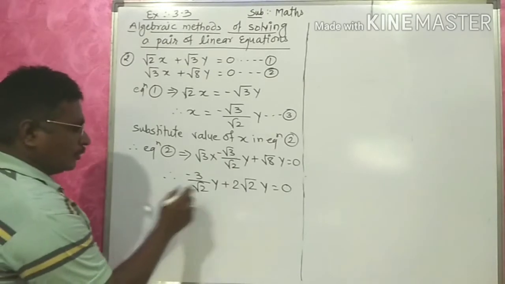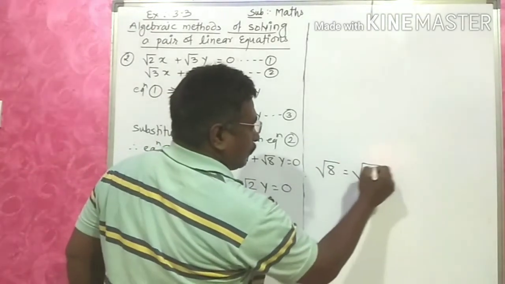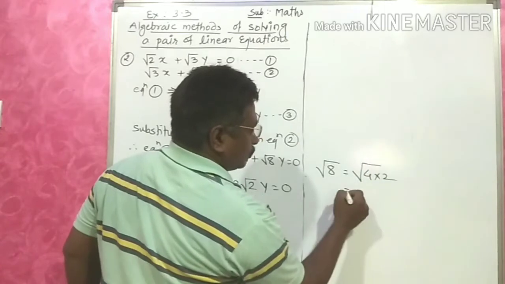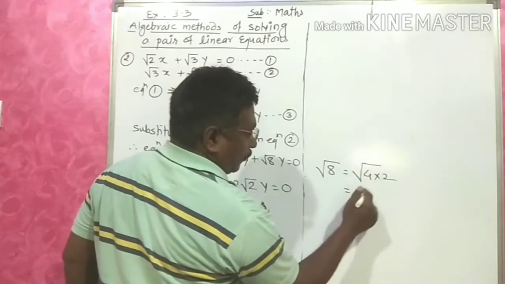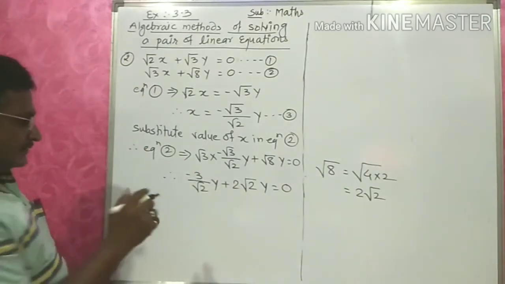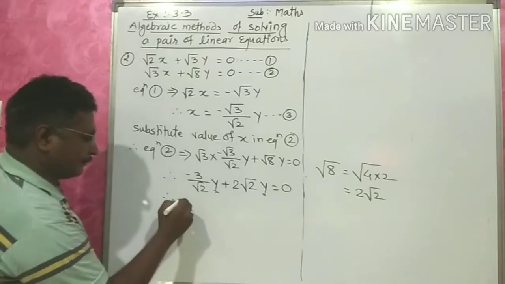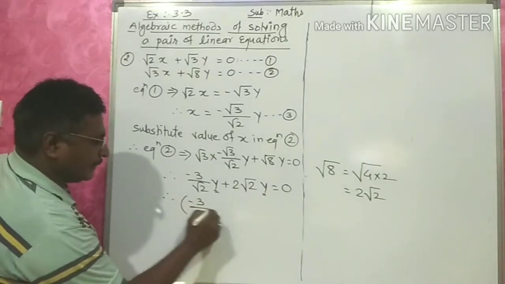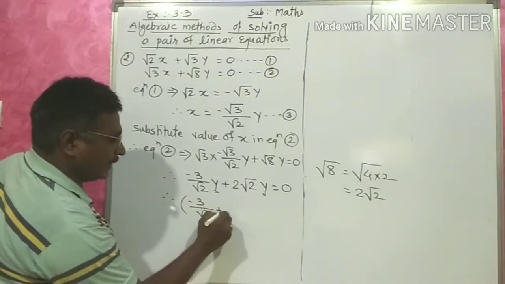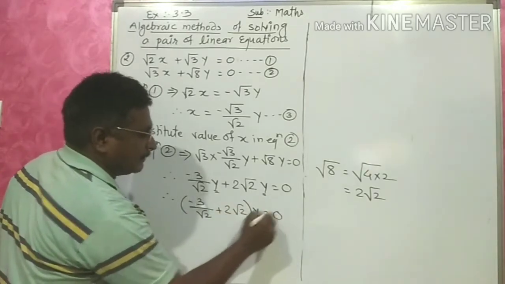How did that come? You know, students, 8 means 4 into 2, and the square root of 4 is 2, so root 8 is 2 root 2. Hope you understand, student? Now here also y, here also y. So minus 3 by root 2 plus 2 root 2, into y, equals 0.